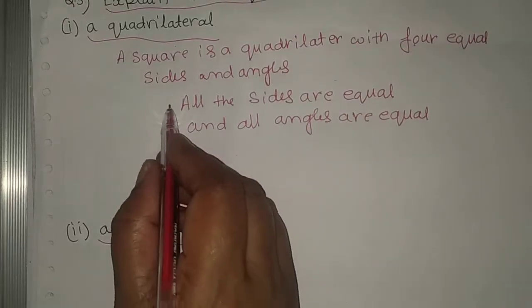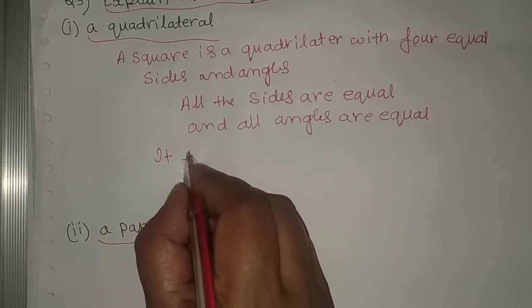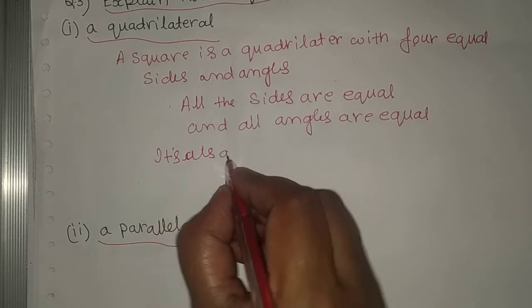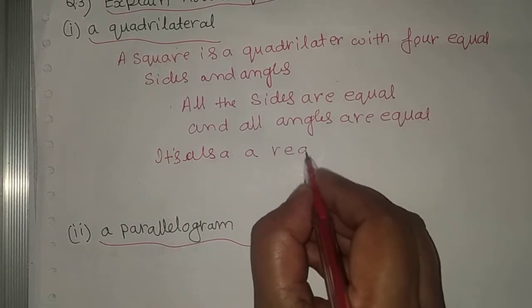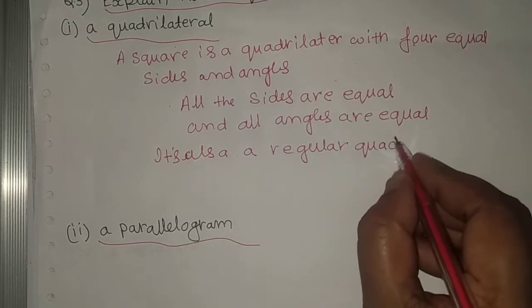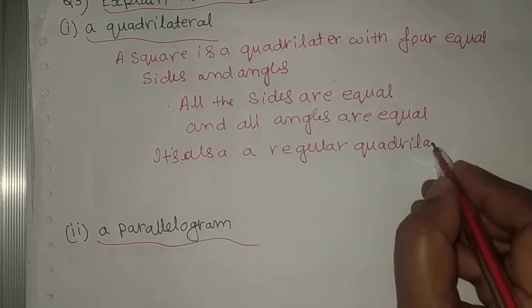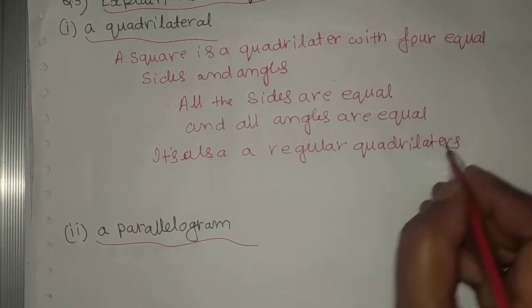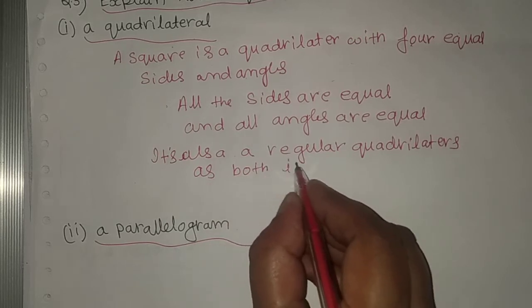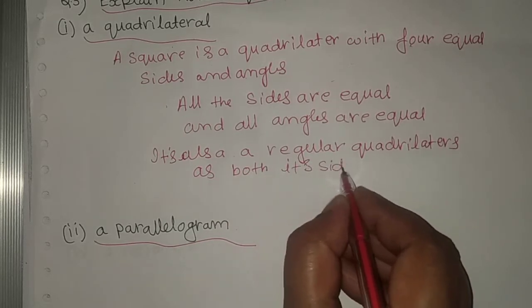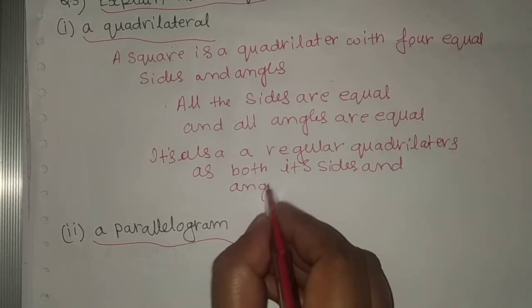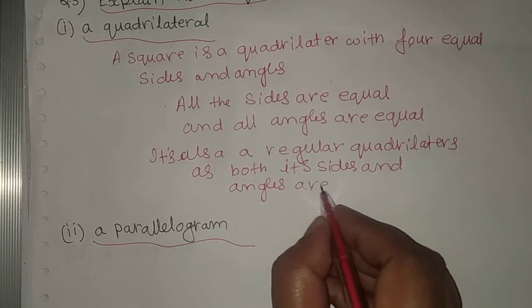So you can also say it's a regular quadrilateral, as both its sides and angles are equal. So this is the conclusion.